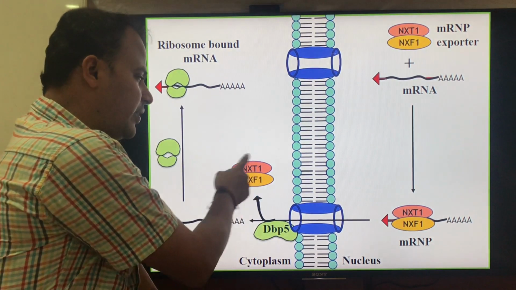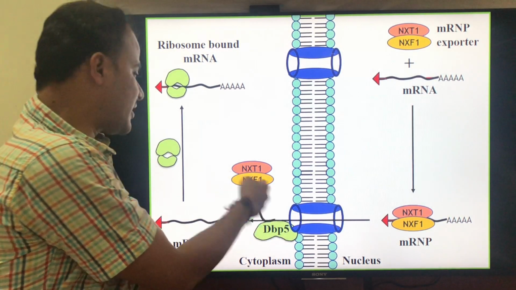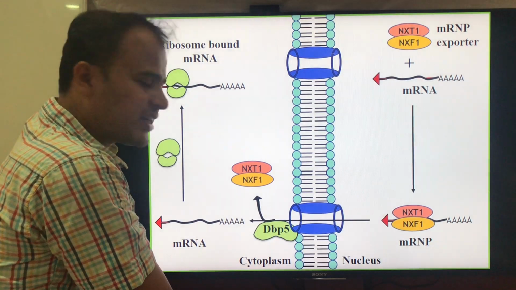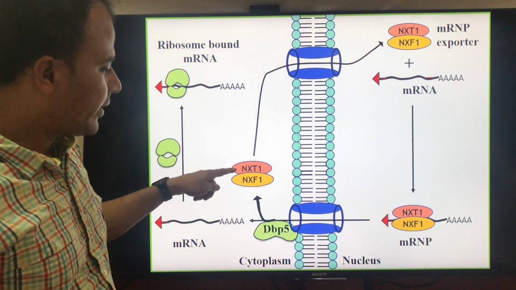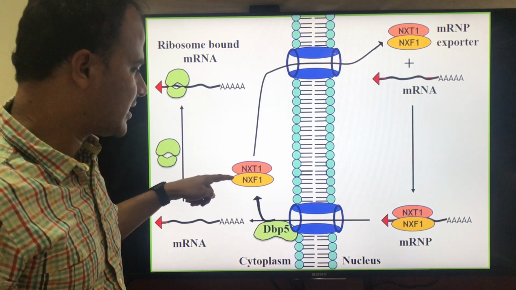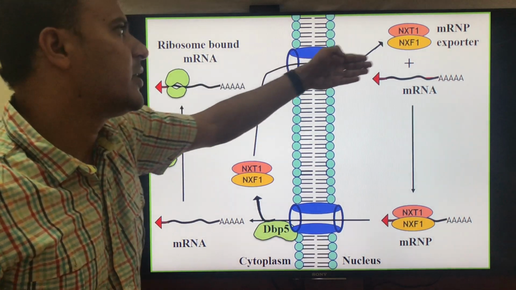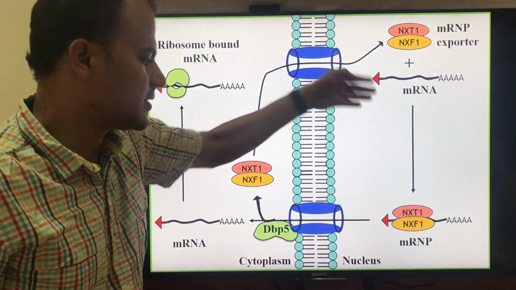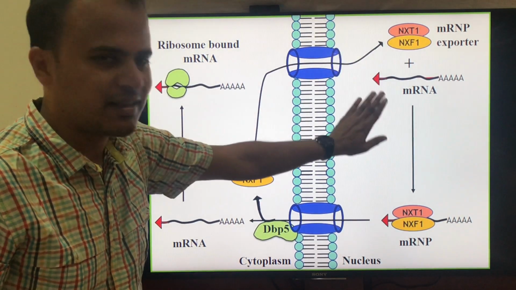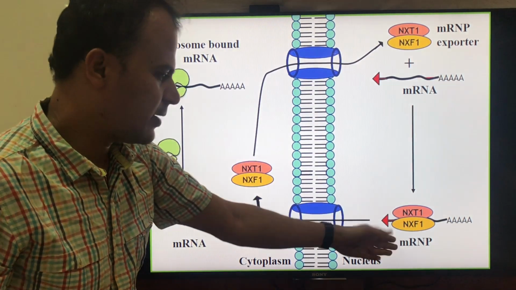But we have a nuclear protein that has been transported to the cytoplasm. We should send it back. Our cells should send it back. How does it do that? Through a simple diffusion process, NXT1 and NXF1 travel back into the nucleus. Once they are in the nucleus, they are ready to interact with another mRNA to form mRNP.